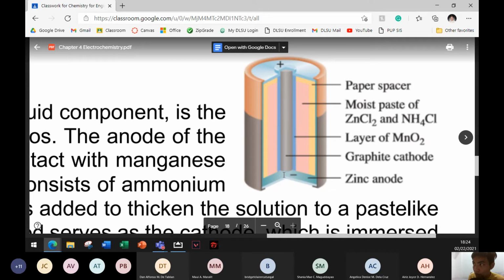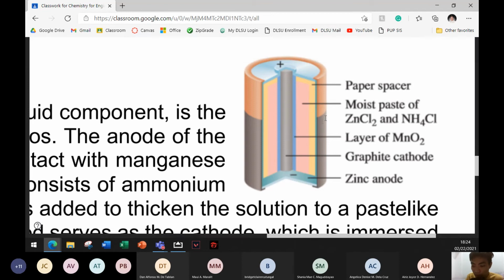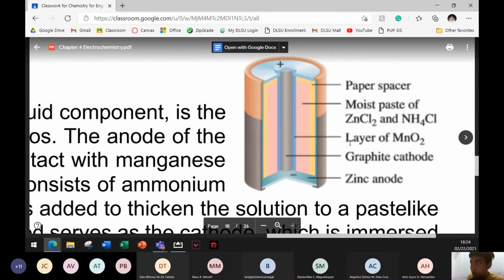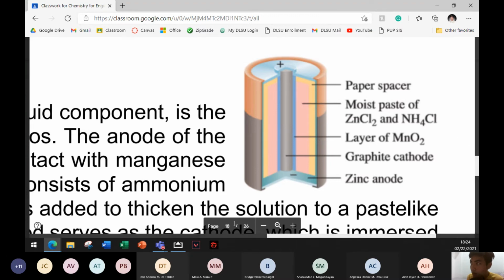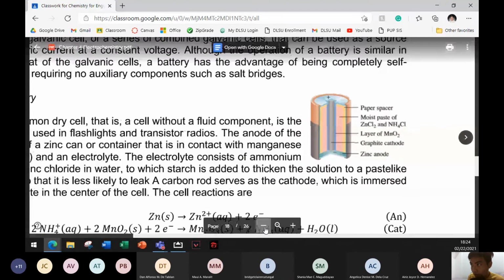Okay. So, yung electrons magpo-flow from this, then papunta sa circuitry, then babalik yan dito sa battery. Okay. So, ganun siya. So, dito yung ating anode sa zinc, then papasok yan sa carbon. Sa carbon, graphite, yung electrons mapupunta sa mga manganese 4 oxide atoms natin doon.